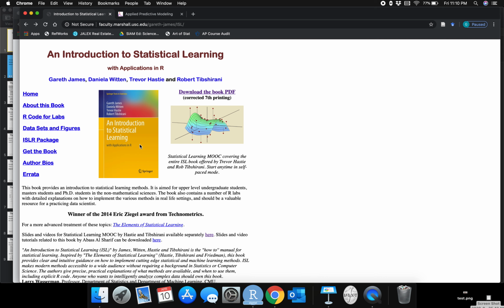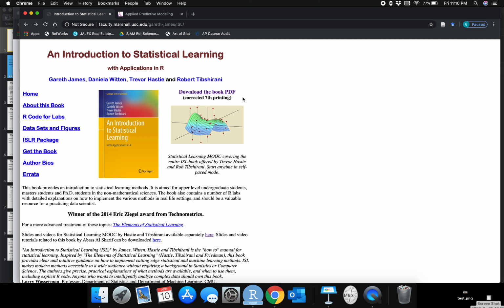If you love getting books, of course you can get the hardback. But if not, there's a download book PDF link here. We won't ever be doing any homework or problems out of the book this semester, so if you want to wait on getting the book, that's totally fine.